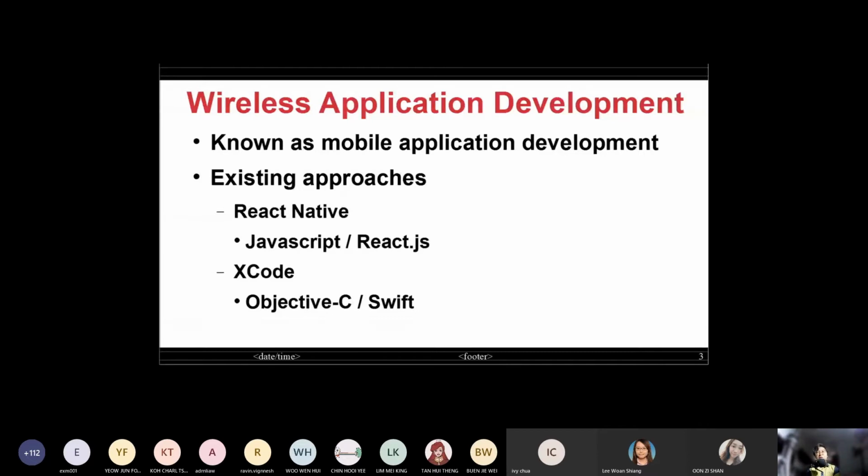One is React Native. React Native is a platform where you can develop a mobile application for iOS and also for Android. So using React Native, you can aim for two different platforms.